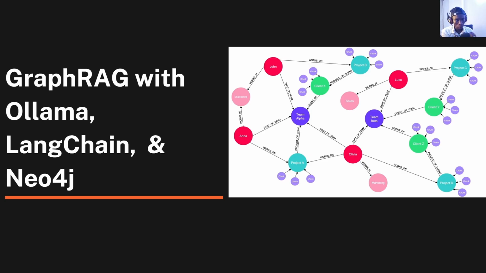There's a couple of things that we are going to be tackling in this video. Some of the tools that you're going to be using are Ollama, LangChain, and the Neo4j graph database, where you're going to be storing that information.